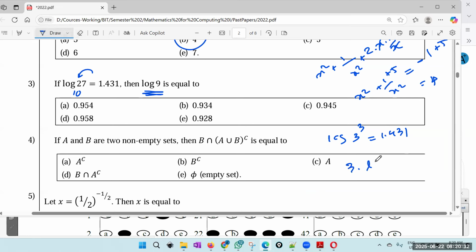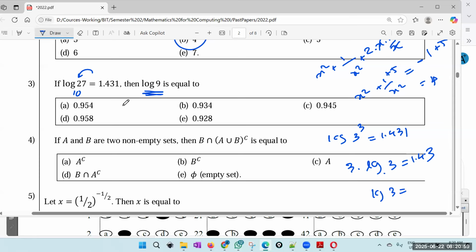So 3 times log 3 is 1.431, right? Your logic is correct because a to the power n means n times log a. Then log 3 is 1.43 divided by 3, right?